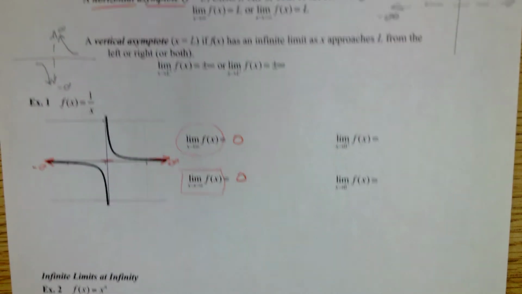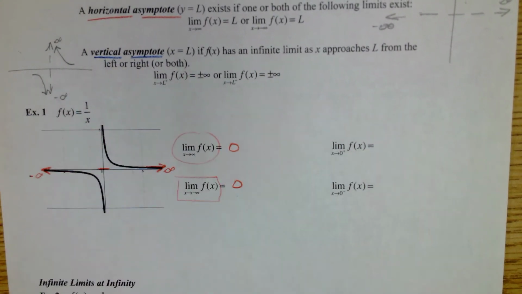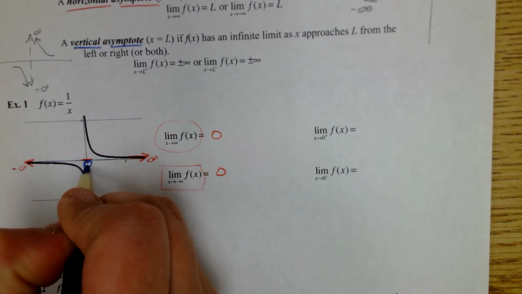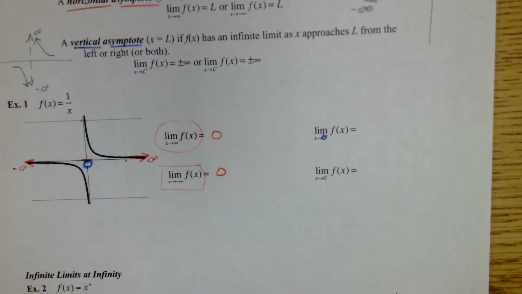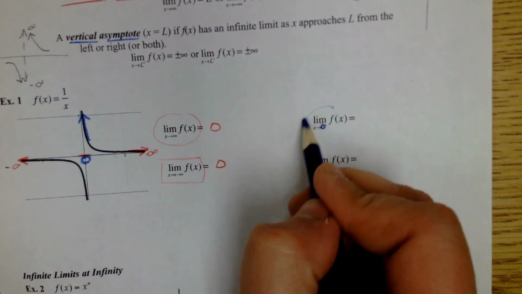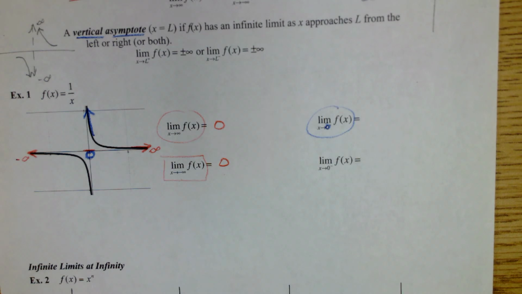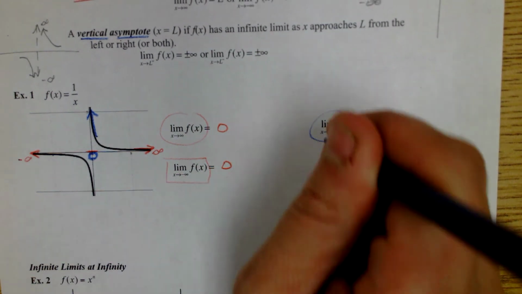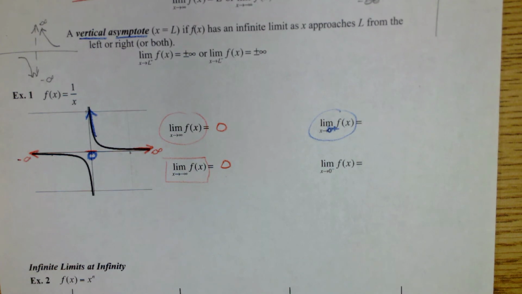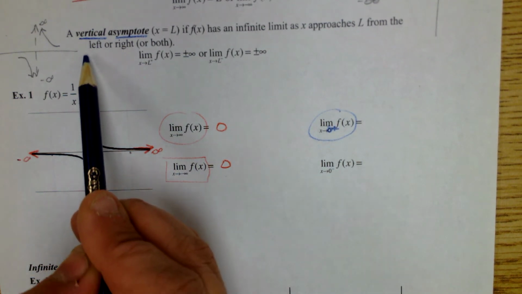Now, if we go back up here and talk about vertical asymptotes, notice as we approach 0, now I'm inputting this 0 from the right, so I'm coming along in this direction. There's a plus sign right here, 0 from the right. What is my y value approaching?